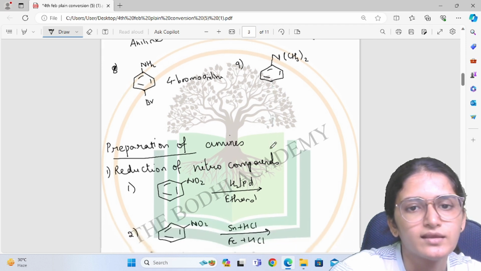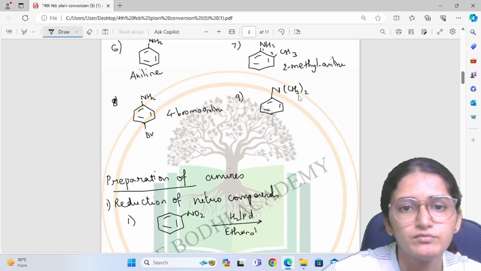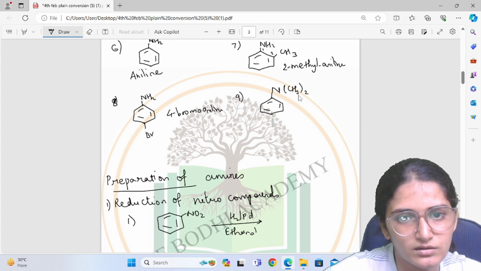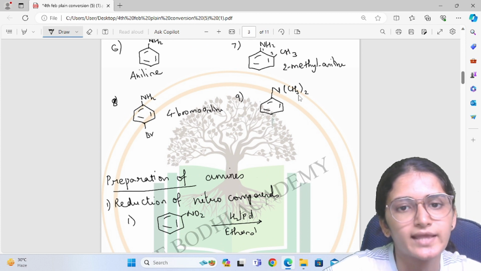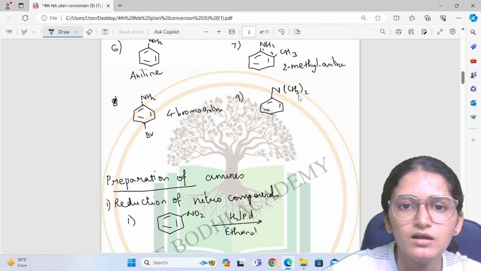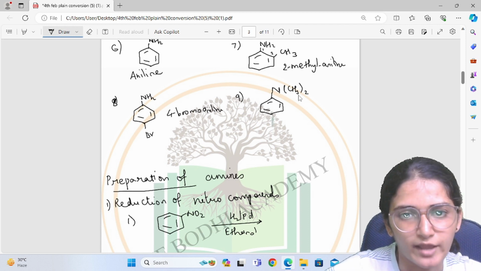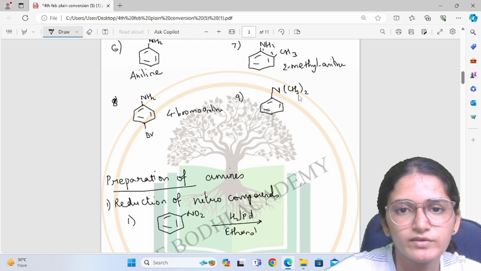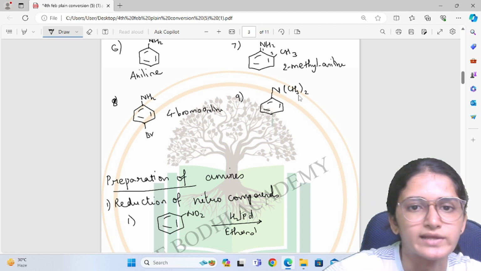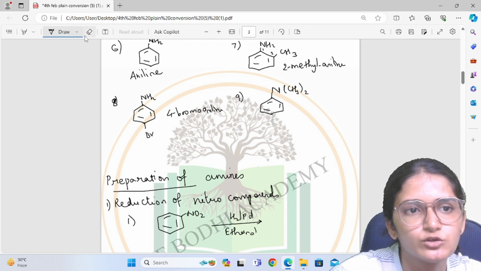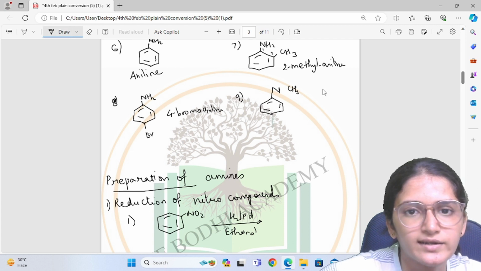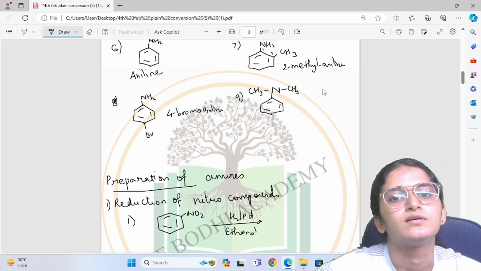Then in this case, what do we have? Just N. When you have just N, what does it mean? It means that it is a tertiary type of amine. So a benzene ring with N and CH3 twice, that means there are 2 CH3 groups attached. We can write this in another way also, that is we can write 1 CH3 here and 1 CH3 here.